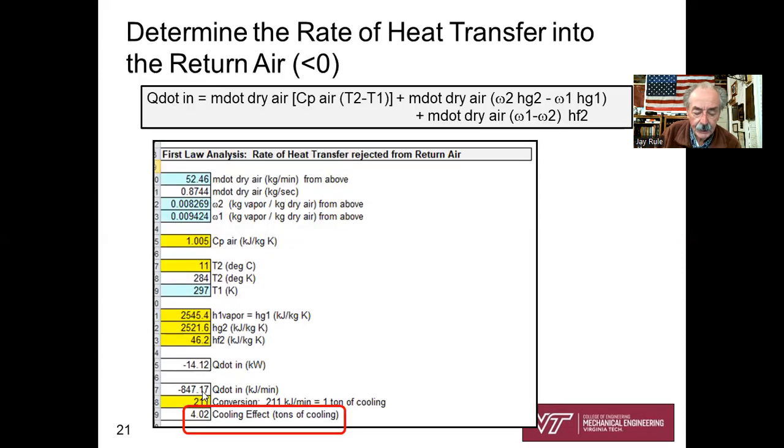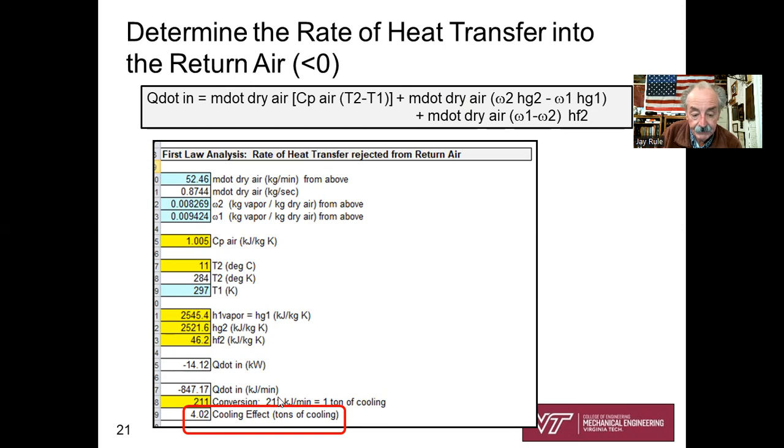Oops. So I changed this back to kilojoules per minute because in the back of the book, I found a conversion. 211 kilojoules per minute equals 1 ton of cooling. I should have shown the conversion factor in here. I'll try to go back and get a screenshot of that. So please excuse me for these blunders.